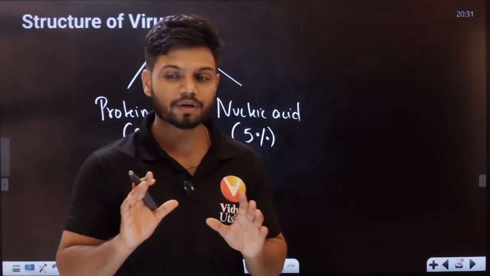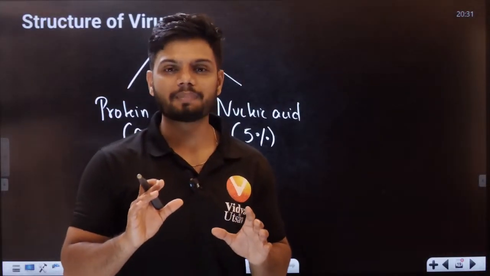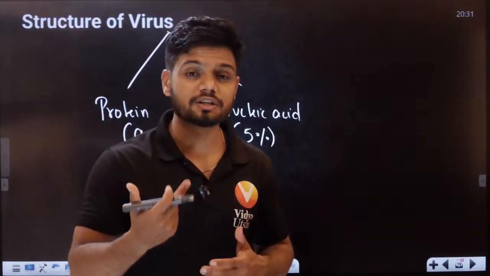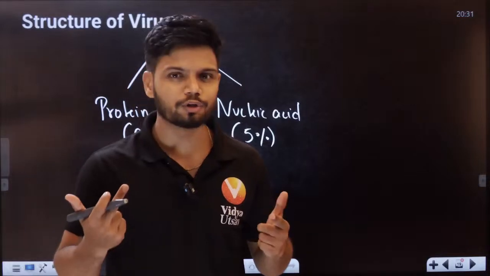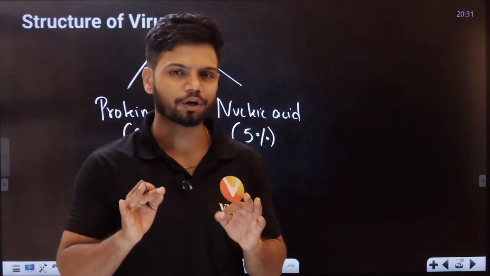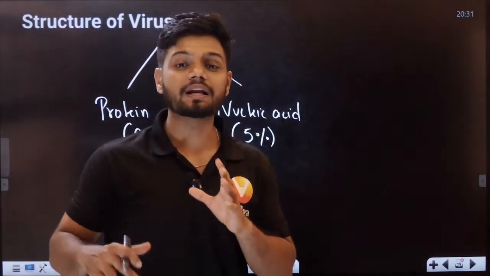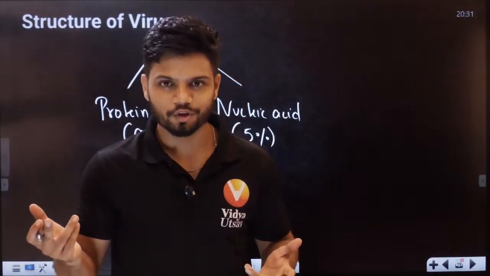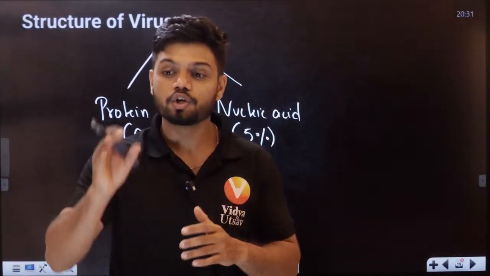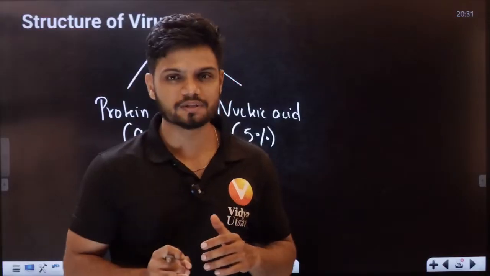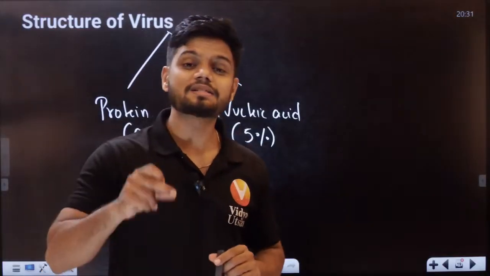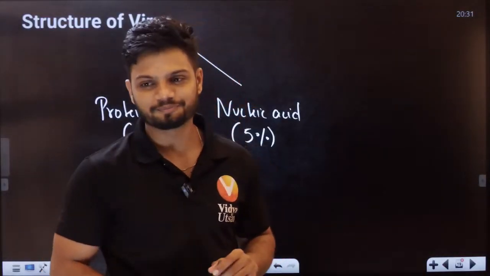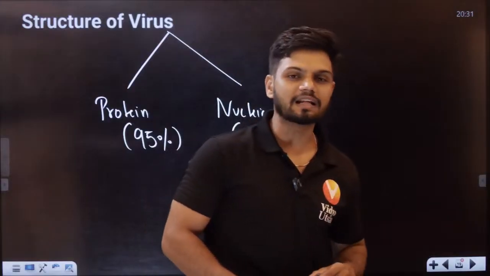What do I mean by primary structure, secondary structure, tertiary structure of protein? Do you want to know all that? If you want to know what are lipids, what are fatty acids, what is glycerol, if you want to understand all of this, you need to learn the chapter Biomolecules, and that is my next chapter starting from tomorrow itself.